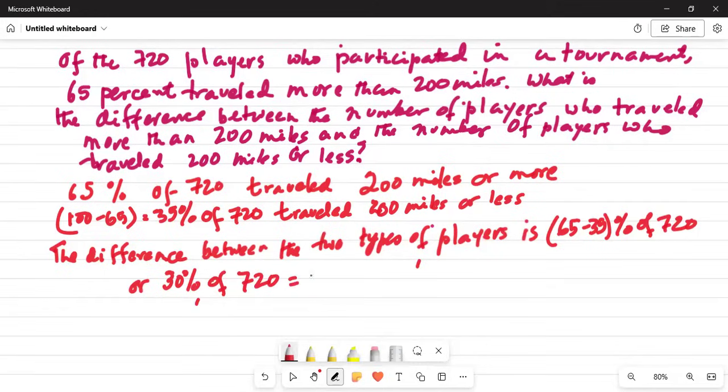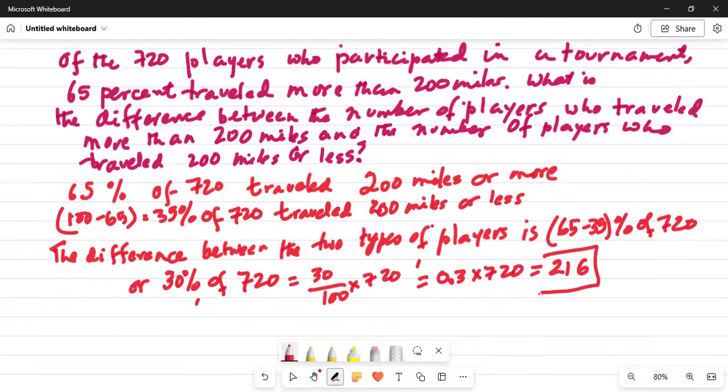In other words, it is 30 divided by 100 times 720, which is 0.3 multiplied by 720. So the answer is 3 times 2 is 6 and 3 sevens are 21. The answer is 216 players.